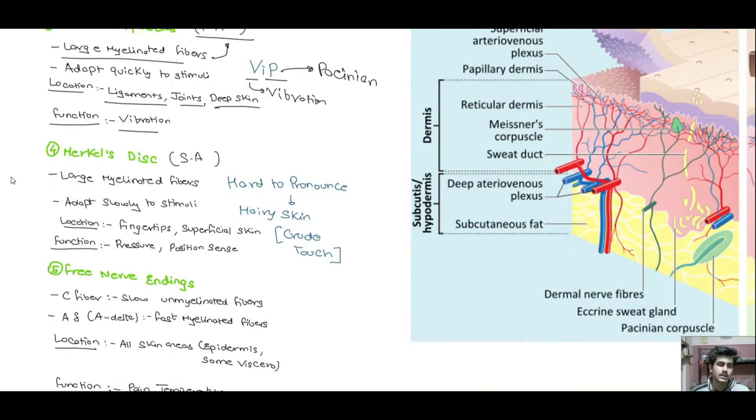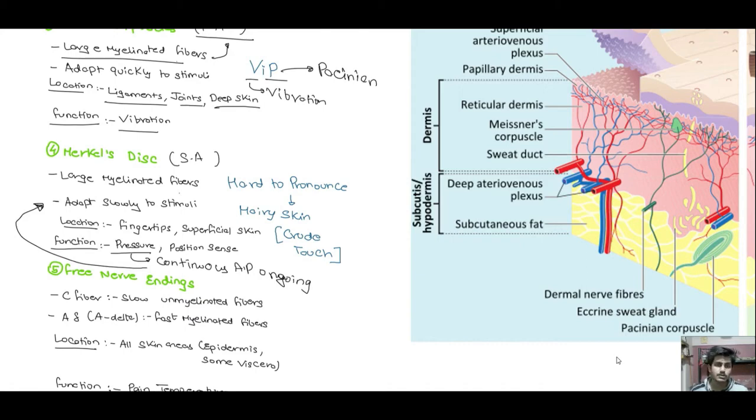The next receptor which we have is the slow acting one, which is the Merkel's disc. This Merkel's disc is also a largely myelinated fiber, but still it has slow adaptation to the stimuli, whereas in case of the Pacinian and the Meissner's, we had fast adaptation to the stimulus. Due to it, it has the continuous action potential which is ongoing, and that is the reason for it being slow adapting to the stimuli.